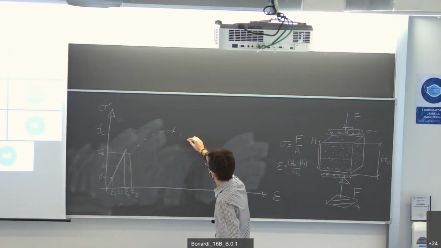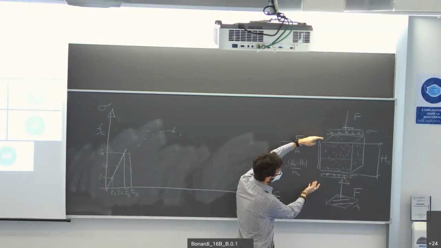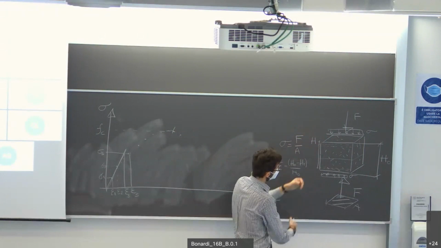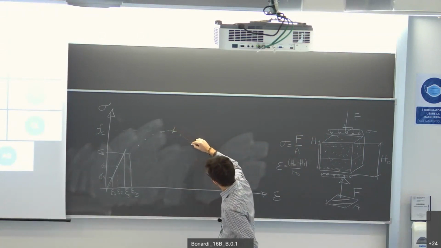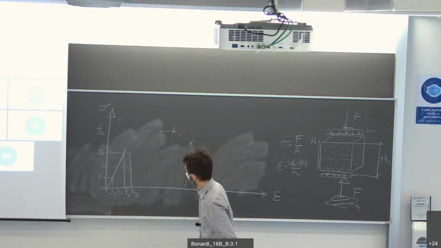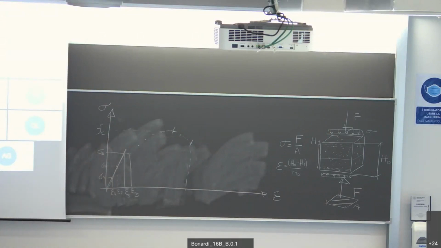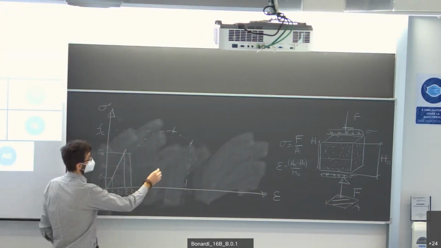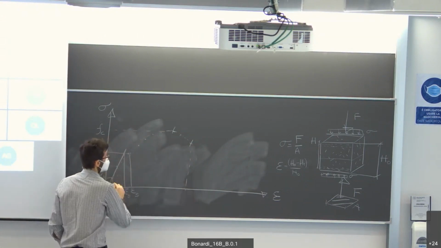But if we are capable of controlling not the increase of load, but the increase of the deformation, we are capable of following the path of this sample until this point. So we can see that the true stress-strain behavior is like this.